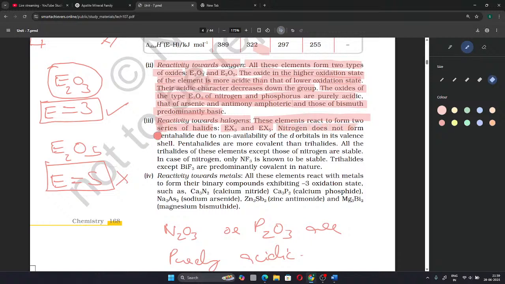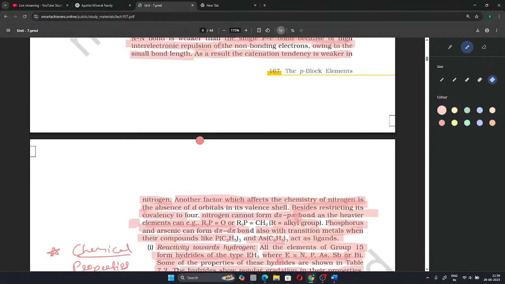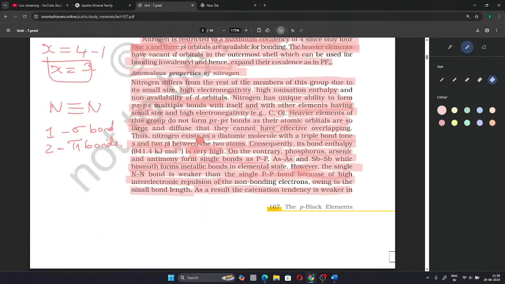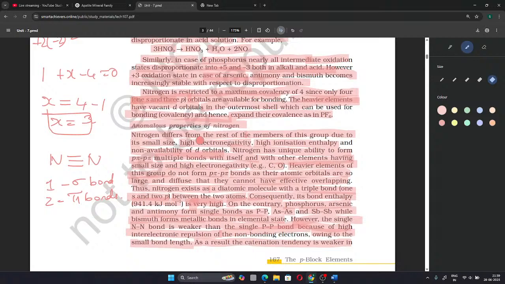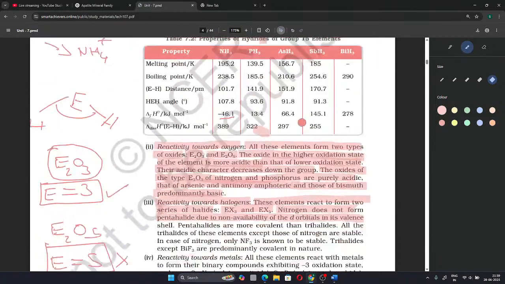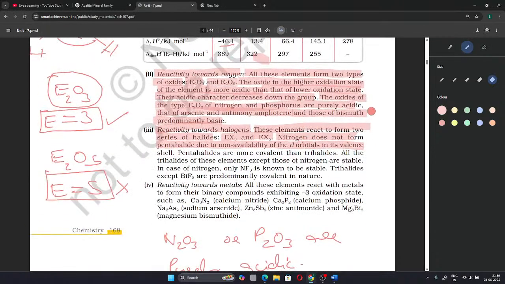Nitrogen does not form pentahalide due to non-availability of the d orbitals in its valence shell. Even though these are the main two series, due to the d orbital's presence, phosphorus can even form PF6. F is a halide, so PF6 is also possible. Pentahalides are more covalent than trihalides.